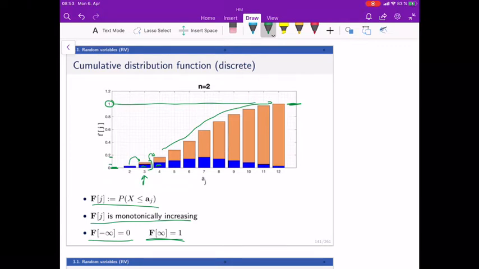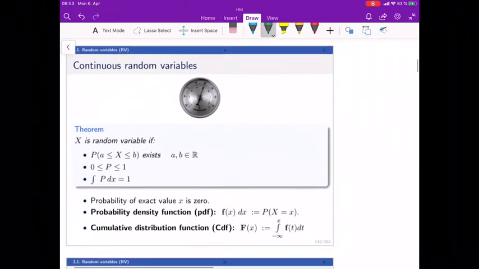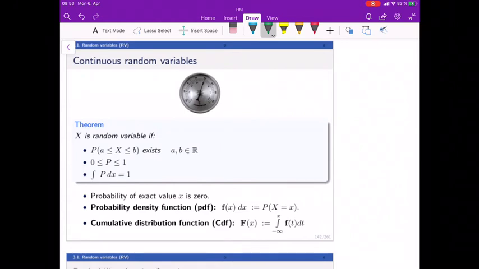How do things change if we look into continuous variables? What's different? Let's think about a thermometer, for example. Now we are thinking of intervals rather than individual values, because there are so many values, an infinite number. You can't say it's exactly that temperature. It's more like the needle is somewhere between 10 and 12 degrees.